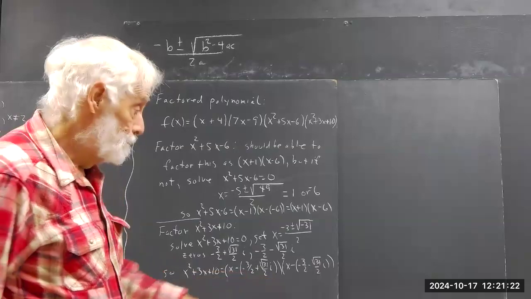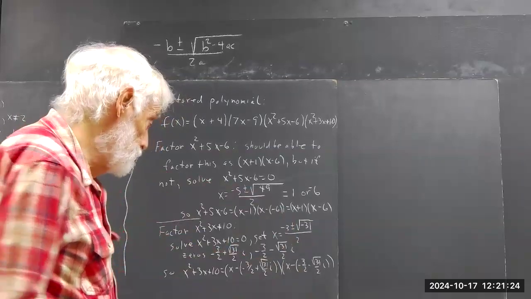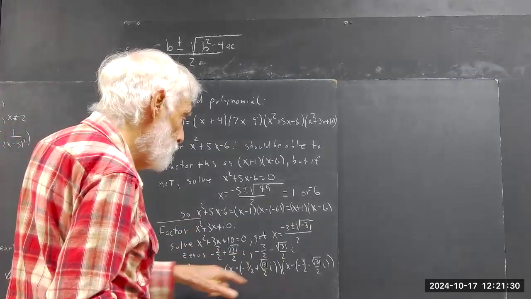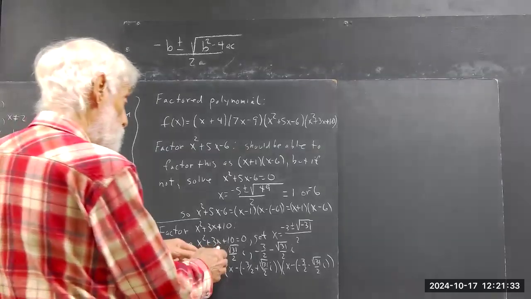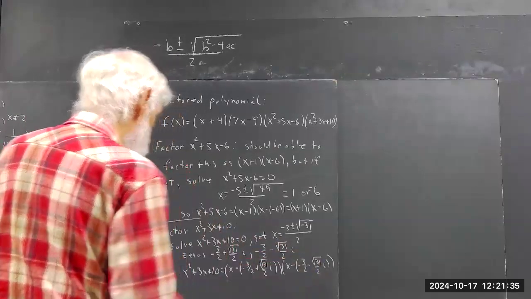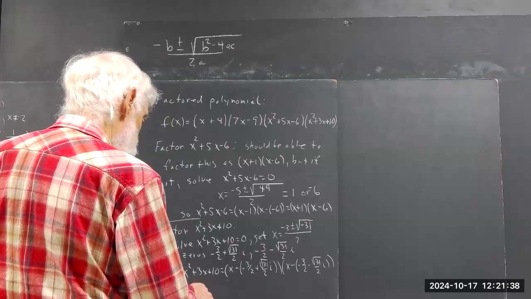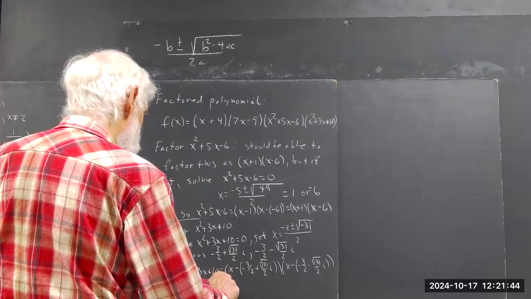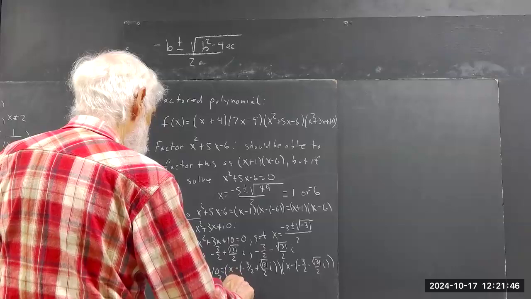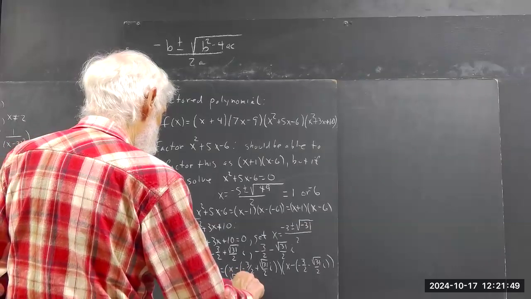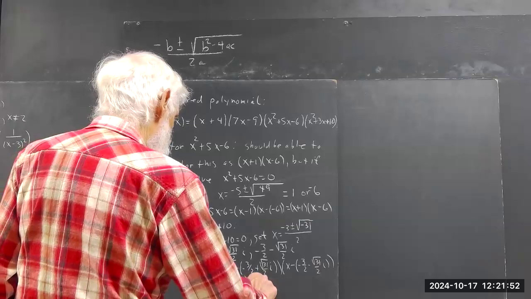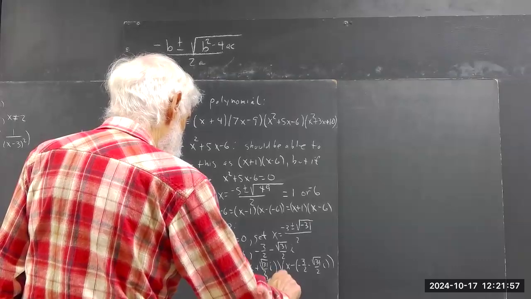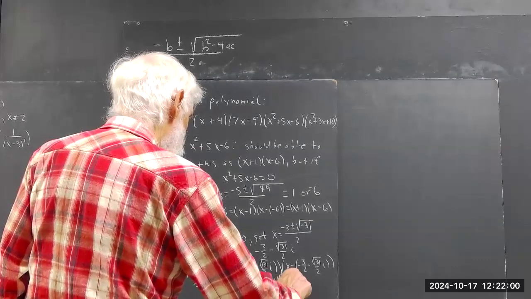And if x equals this root, this is going to give you 0. If you don't understand why, go back to the part near the end of the video and write it out. Substitute x equals this, substitute x equals this, and you'll find out that you get 0 either way. And that, of course, then equals x plus 3/2 minus square root of 31 over 2i, times x plus 3/2 plus the square root of 31 over 2i.